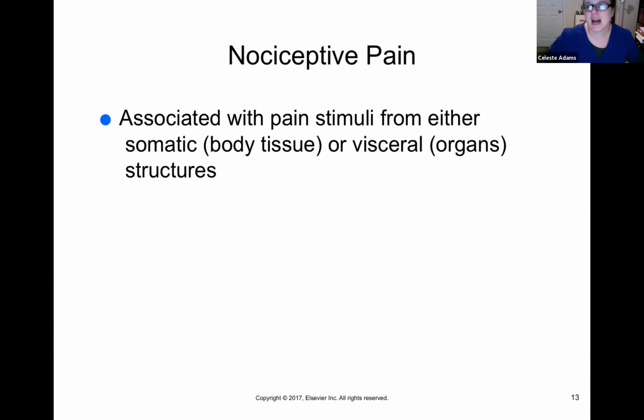GI tract, stomach pain, that is a visceral source. So anytime the pain comes from either a somatic, a body tissue, or a visceral source, that's going to be considered nociceptive pain. All right. Next.